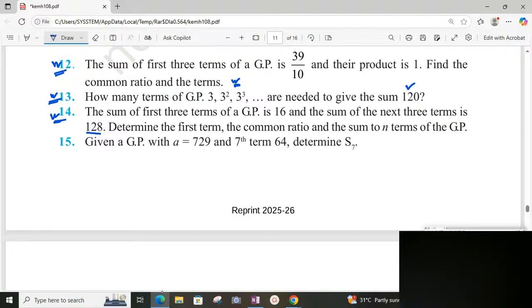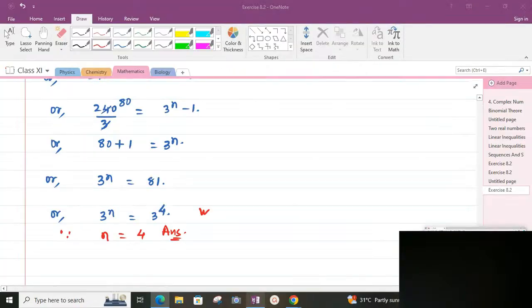Determine the first term, common ratio and sum of n terms of the GP. This question asks us three things. First term, it means A, common ratio, it means R, and sum of n terms, it means Sn. So let's see the solution of this question.